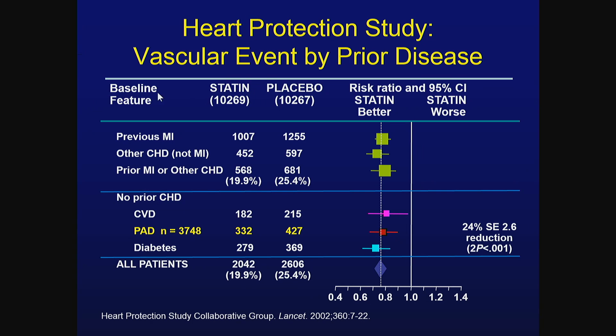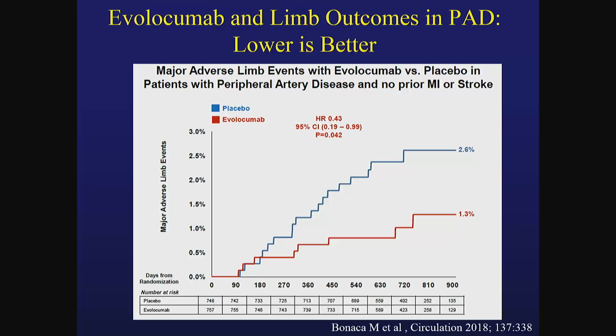You can see that in patients who have no prior cardiac or cerebrovascular disease, but who have peripheral artery disease, the overall reduction in major cardiac and cerebrovascular events has been statistically significant, reaching 24% risk reduction.